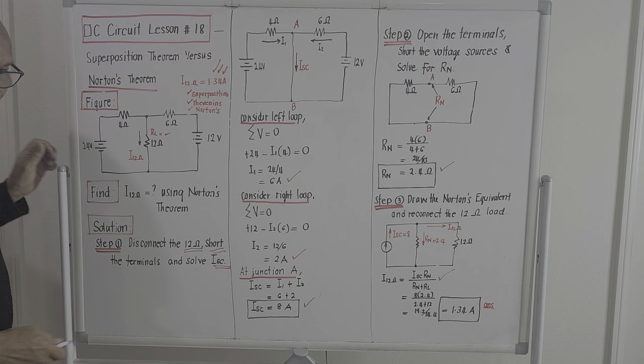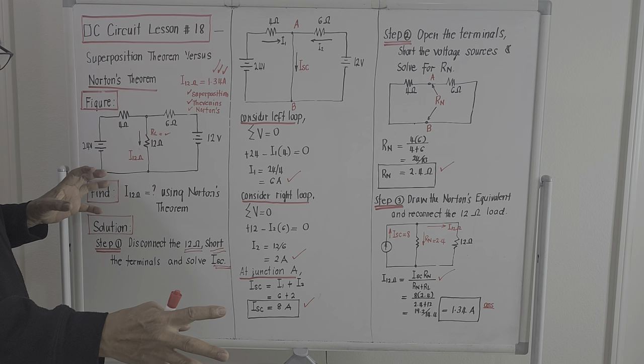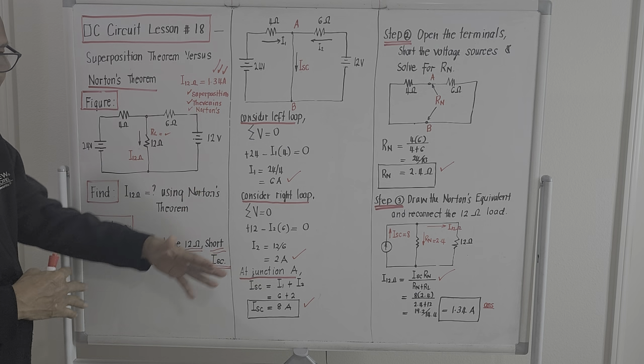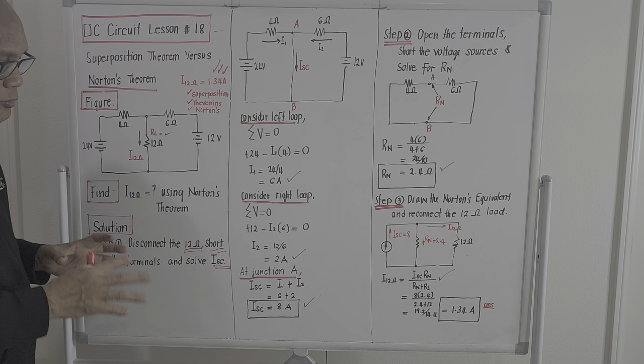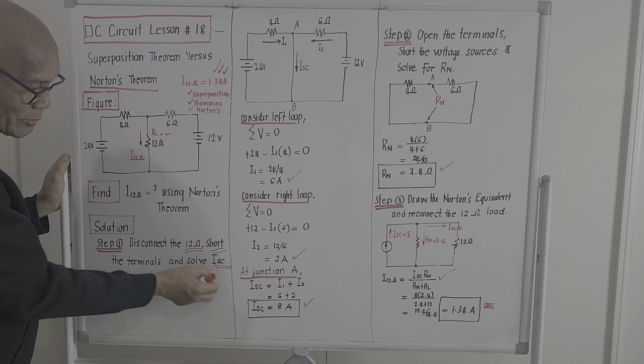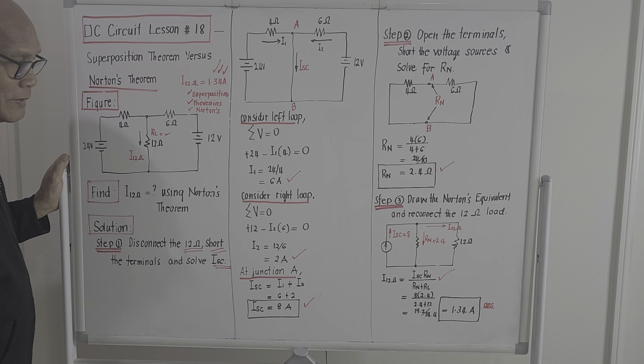So for step number 1, there are 3 things to be done. We disconnect the load, we short the terminals, then by using our knowledge of the theoretical solution and how to compute for the short circuit current, we will solve for I sub SC, meaning the short circuit current. That's step number 1.